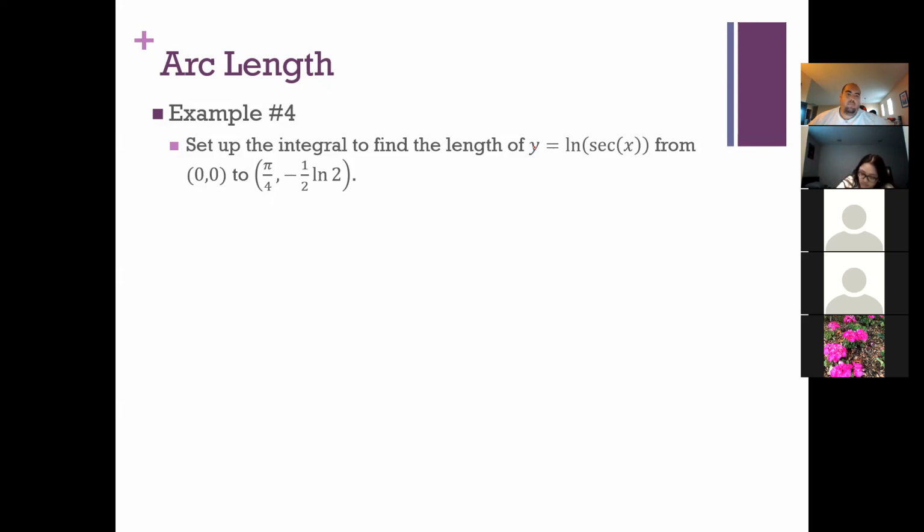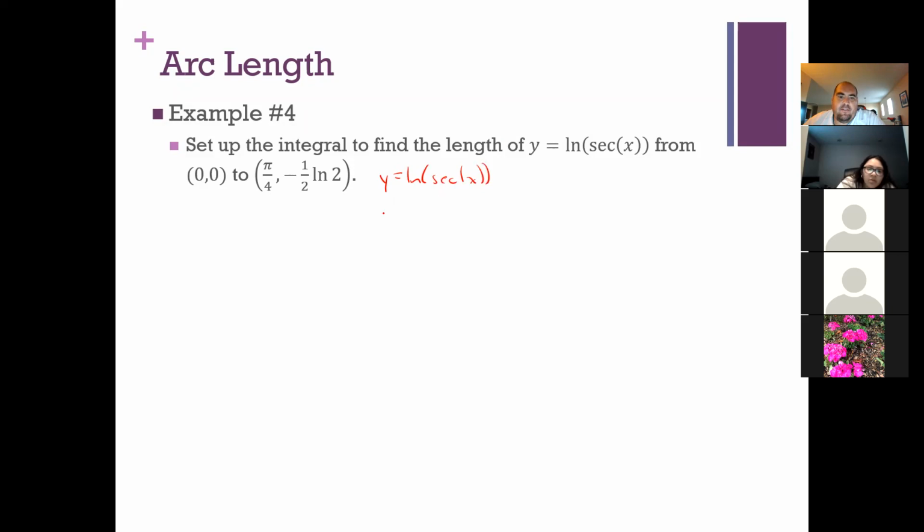Can we rewrite it? Rewrite it in how so? Just, I'm sorry, like e raised to y. Oh, so you want to solve for x? Okay. Yeah. So let's try that. So y equals natural log of secant x.